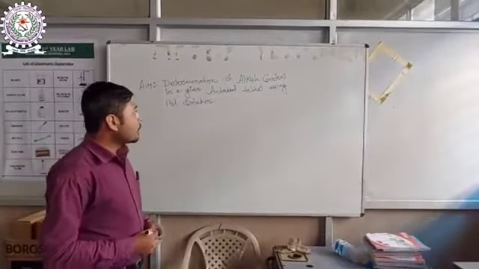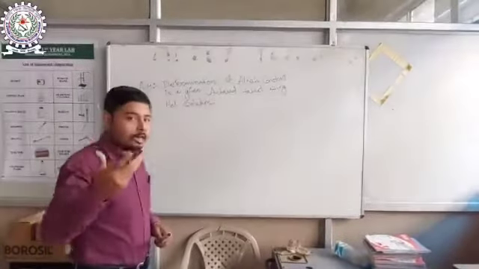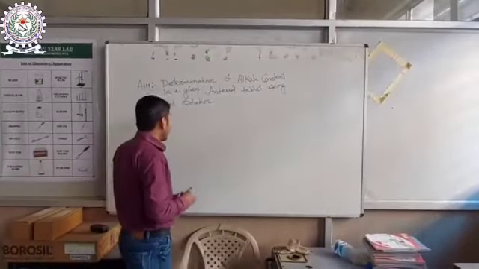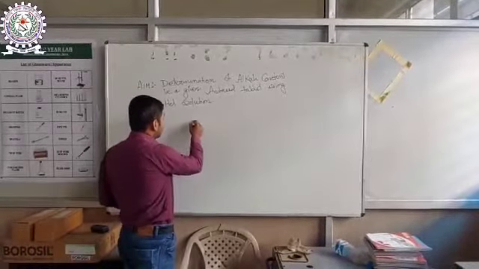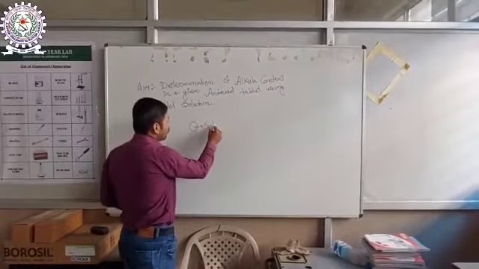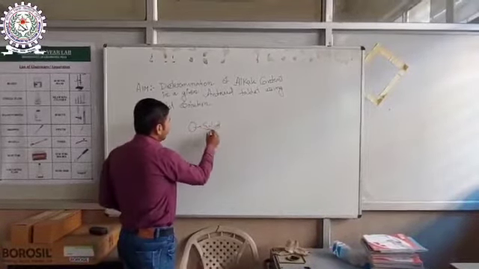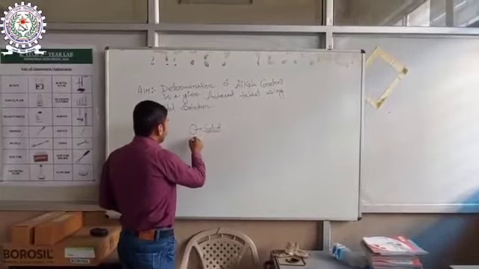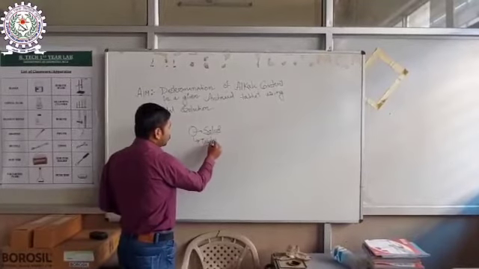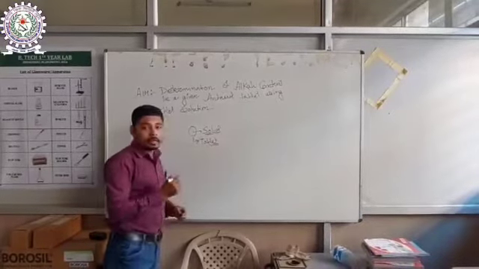Before starting the experiment, let me tell you a few things. The antacid tablet, as you know, is in solid form. So from this solid tablet, you have to prepare the sample first. How will you prepare the antacid sample?